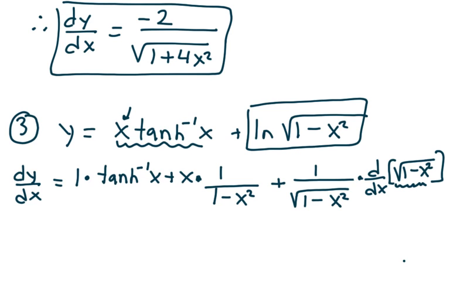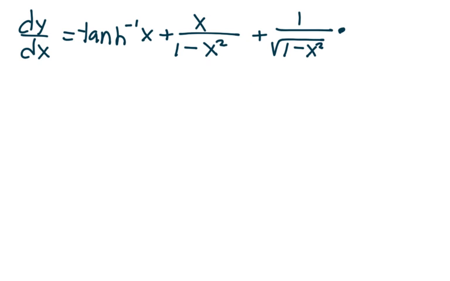But you have to apply the chain rule. So it's going to look like this. It's going to look like 1 over 2 square root of 1 minus x squared, but I'm going to multiply by the derivative of the inside function, which is negative 2x. And again, that might be a little much, but it's chain rule that's getting me that piece.